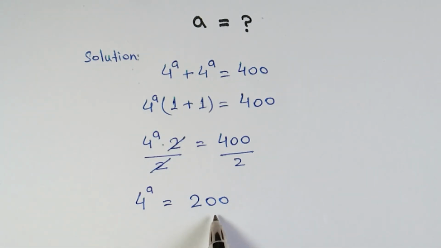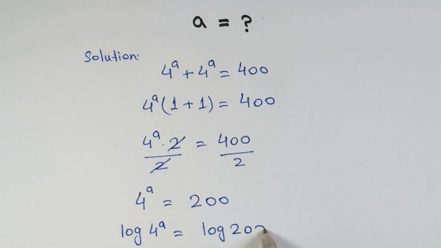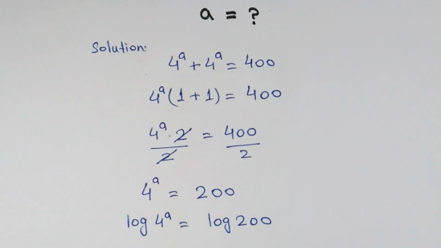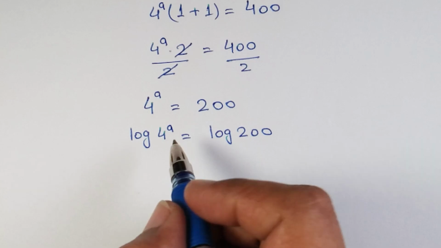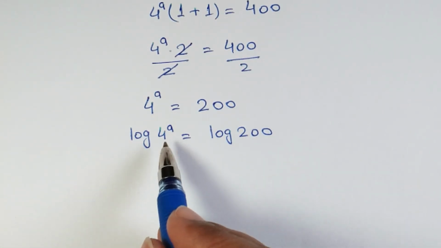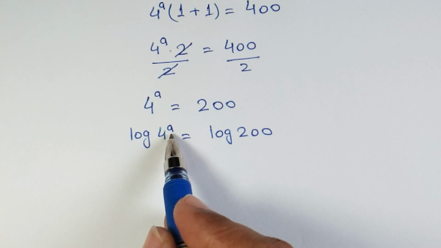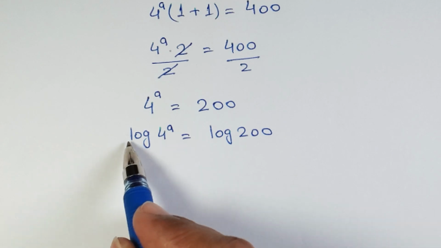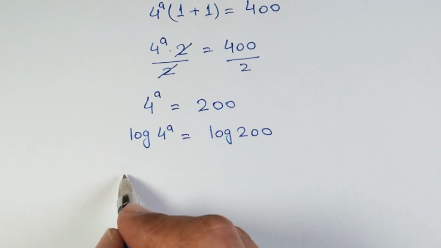So now here we will apply log on both sides. Log 4 power of a is equal to log 200. So this power of a will move to the base.